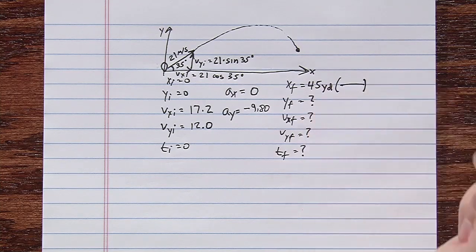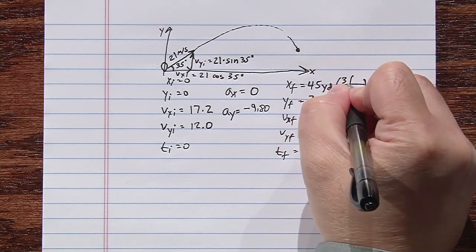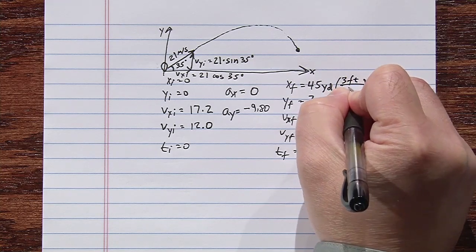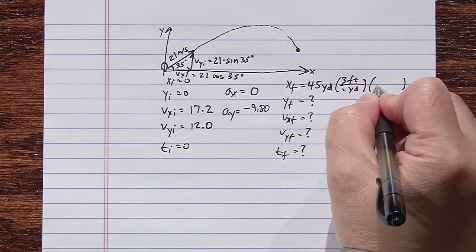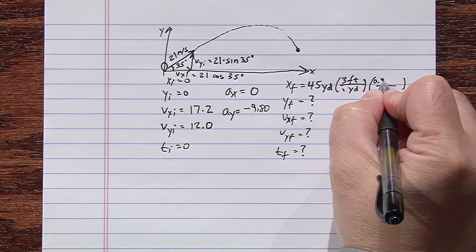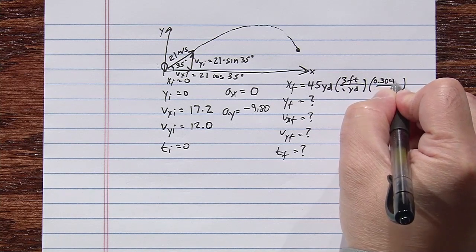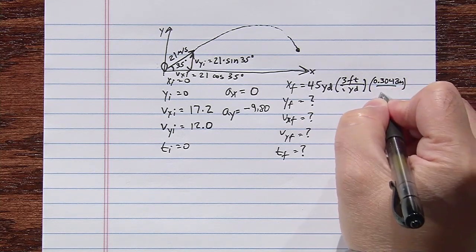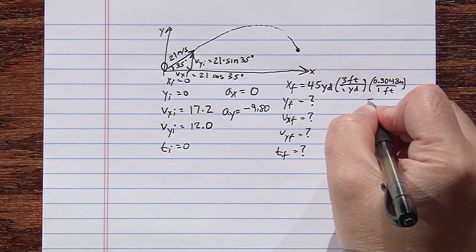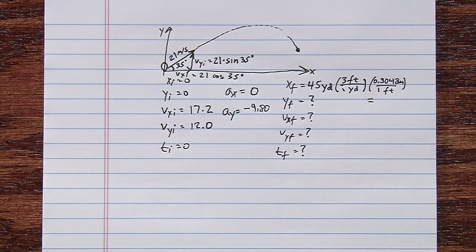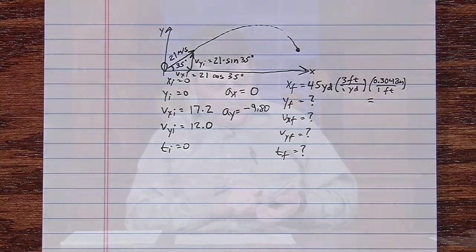And there are 3 feet in 1 yard, and 0.3048 meters in 1 foot. So I almost made a big mistake there by not converting to basic metric units. But we can calculate that now.